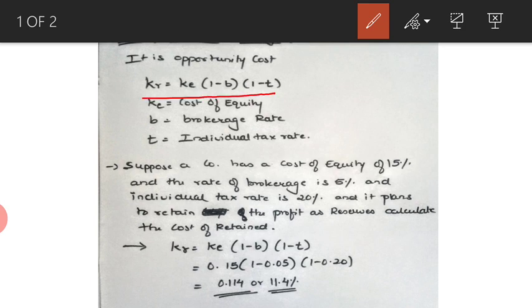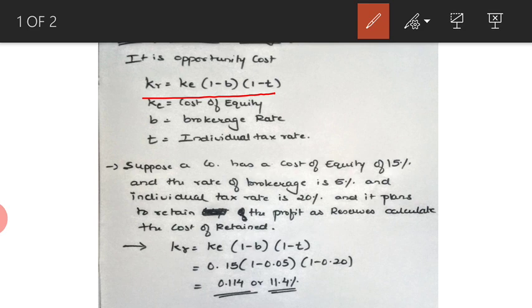When dividends are paid to the equity shareholders, dividend is taxable income. So first the tax is deducted, whatever tax bracket they come into, and you get after-tax dividends. Whatever amount remains after deducting the tax, you invest it. When you are investing it, you have to pay brokerage, so the brokerage amount is also deducted, and the net amount after deducting tax and brokerage is what you are investing.